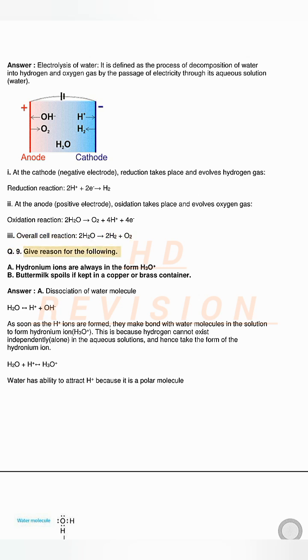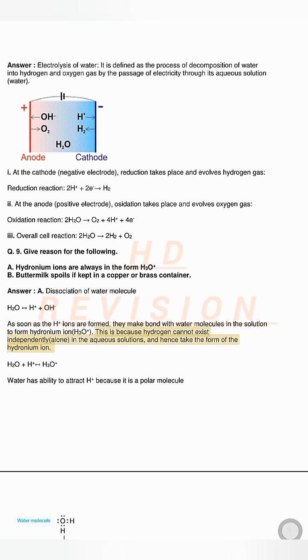Q9. Give reason for the following. A. Hydronium ions are always in the form H3O+. B. Buttermilk spoils if kept in a copper or brass container. Answer. A. Dissociation of water molecule: H2O ⇌ H+ + OH-. As soon as the H+ ions are formed, they make a bond with water molecules in the solution to form hydronium ion H3O+.